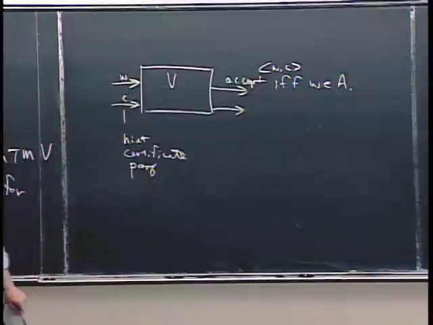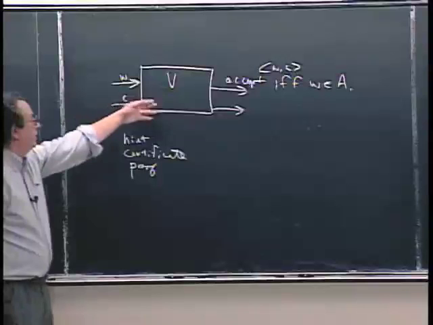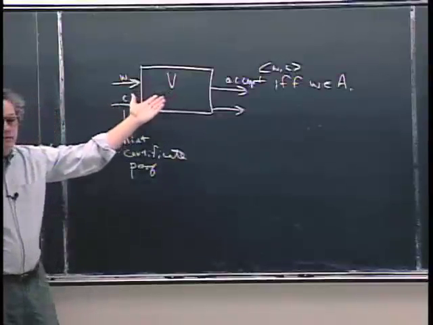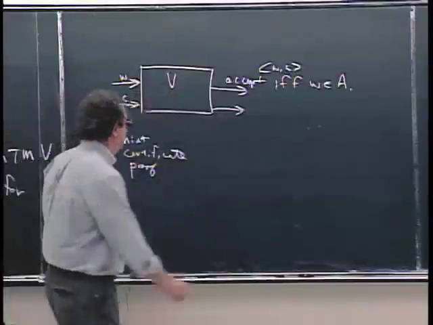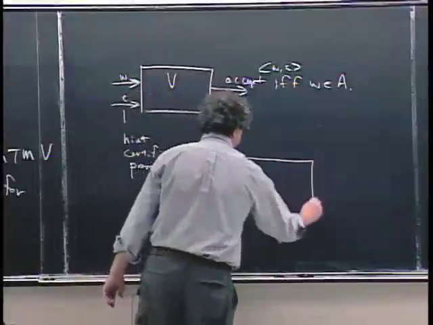So it's easier to have a verifier than a Turing machine that decides.